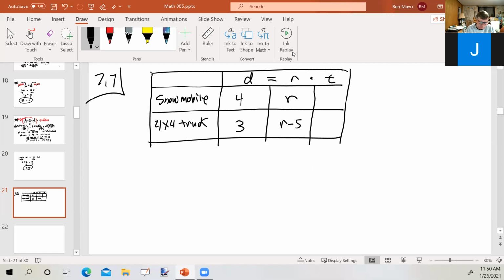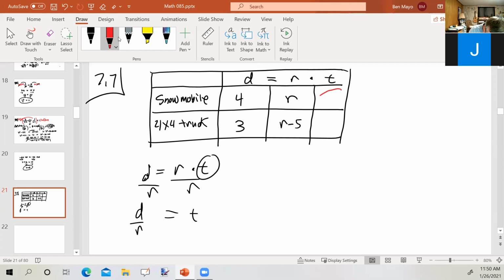Now, we're going to use what we know to fill in what we don't know. The formula d equals r times t. If we wanted to isolate t, we would divide both sides by r.